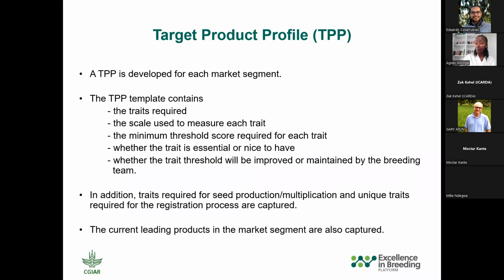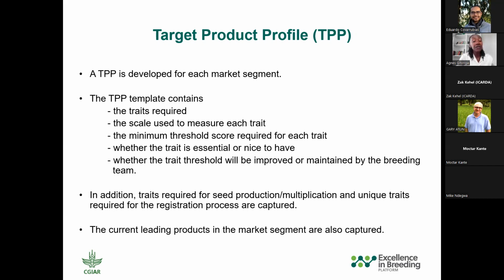So for the target product profile templates, we have the traits that are required. We also have the scale that is used to measure each trait. We have the minimum threshold score required for each trait. We have a definition of whether the trait is essential or nice to have, and we'll be looking at the definitions later, and whether the trait will be improved.